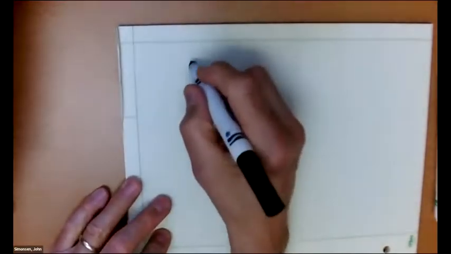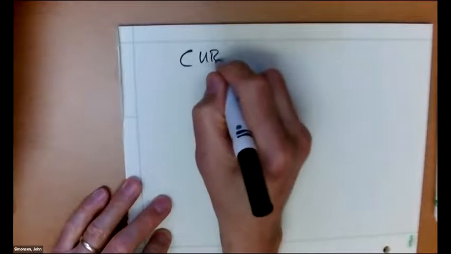Okay, so there are a number of different cure mechanisms. I'm going to cover 3 here that are the major ones. There are others, but I'm going to cover the 3 major ones, and I'm going to put it on my pad.